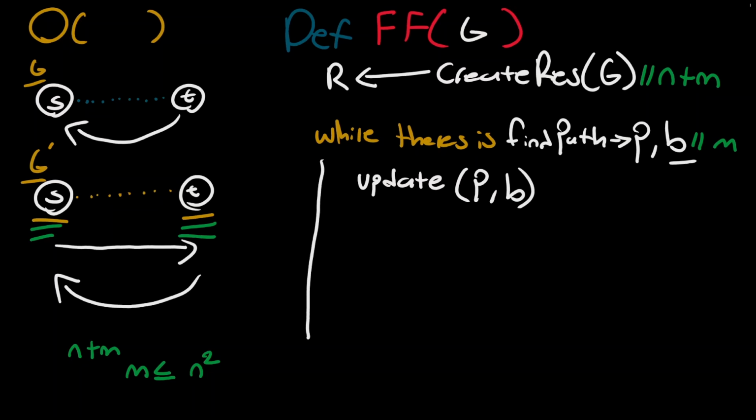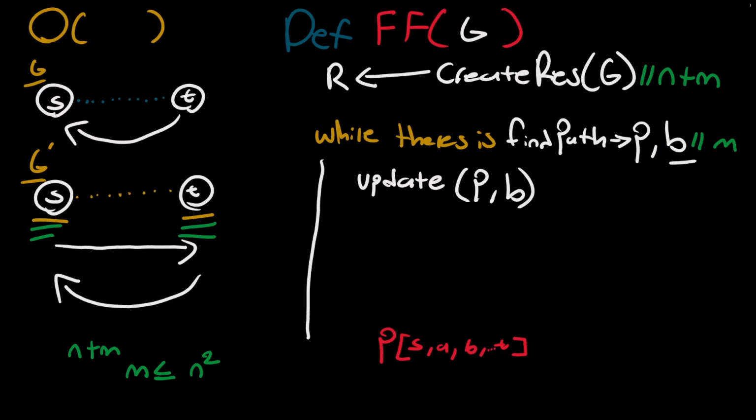And then we're going to run this update function where we're going to update the flows with the path p and the bottleneck b. But how large could p possibly be in the worst case? So we know p is some path from s to t. So it starts with s and ends with t. And we could have some intermediary nodes in here like a and b and so on.